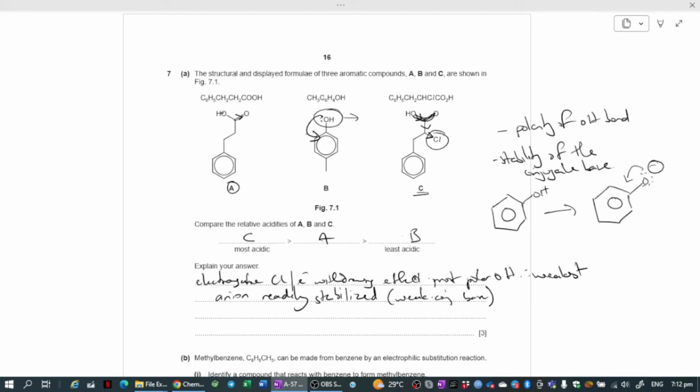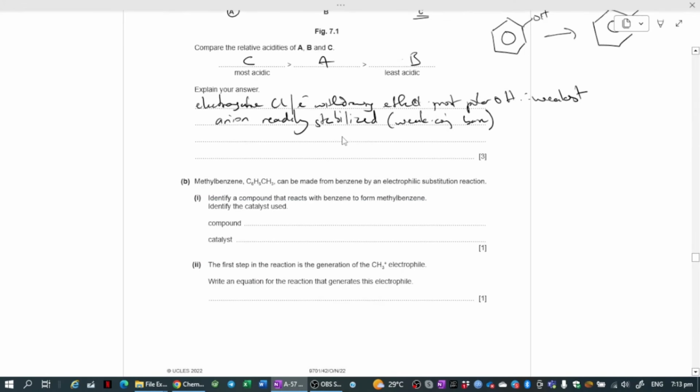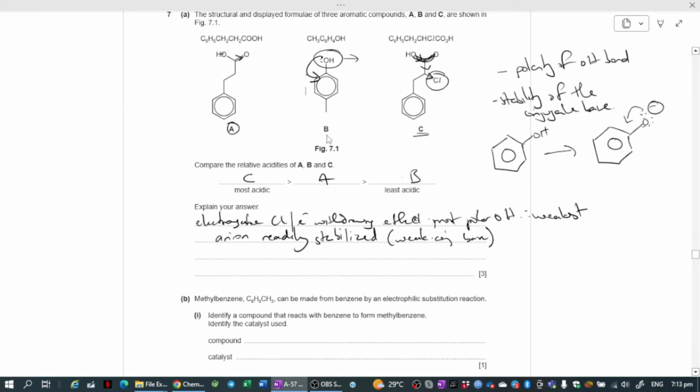And then in B, you would say that the benzene ring is not as electron withdrawing and the lone pair is stabilized into the ring. So you have to make comments based on these two things, polarity of the OH bond and stability of the conjugate base, in explaining relative acidity. Likewise, when you do relative basicity, the base strength simply depends on the availability of lone pairs for protonation. So good, that's part A.